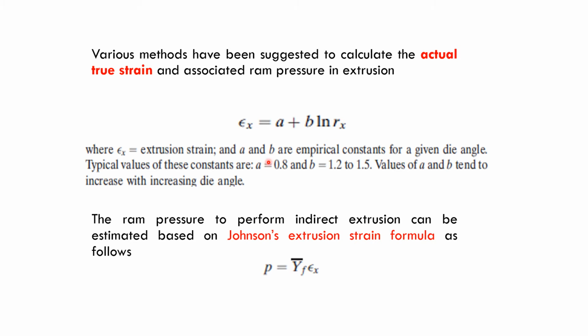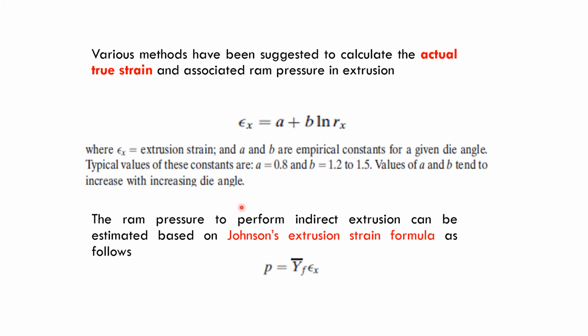Okay, so A and B is usually given. It is an empirical constant for the given die angle. So normally the constant will be A equal to 0.8 and B is 1.2 to 1.5. So the A and B value tend to increase with the increasing of the die angle.